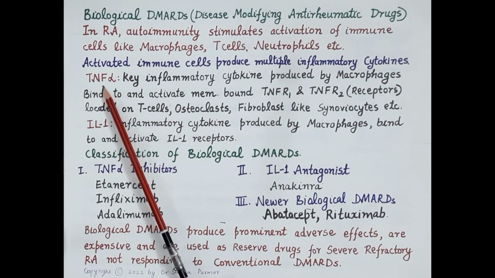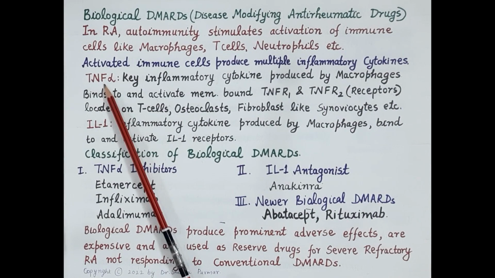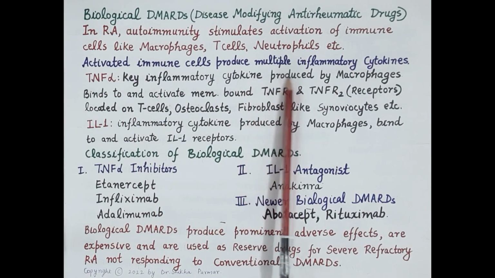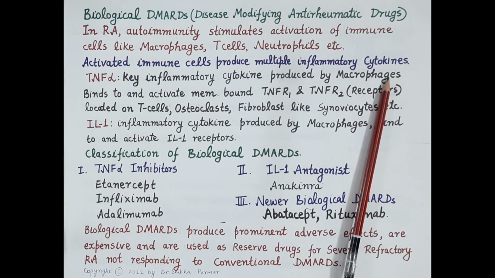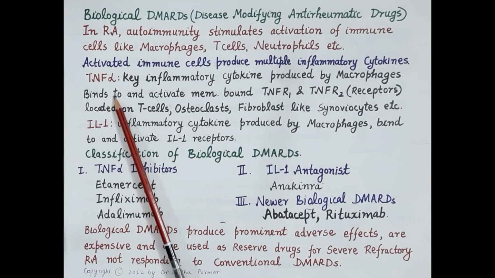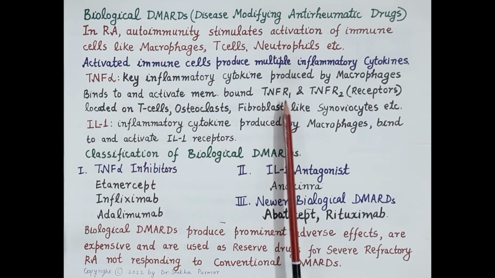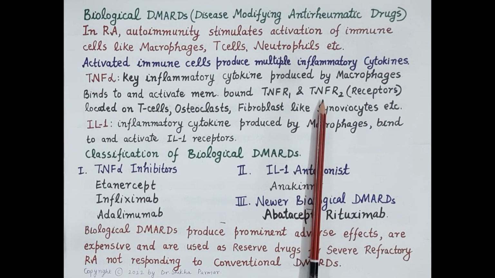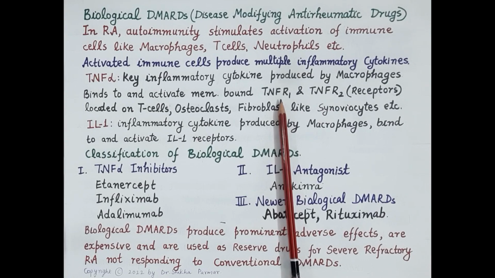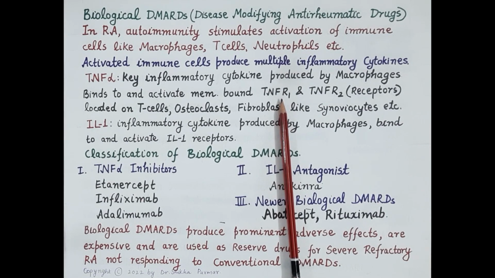Now one of the inflammatory cytokines is tumor necrosis factor alpha. It is a key inflammatory cytokine that is produced by macrophages. Now, tumor necrosis factor alpha binds to its receptors, namely tumor necrosis factor receptor 1 and tumor necrosis factor receptor 2. After binding to its receptors, it gets activated and produces inflammation.